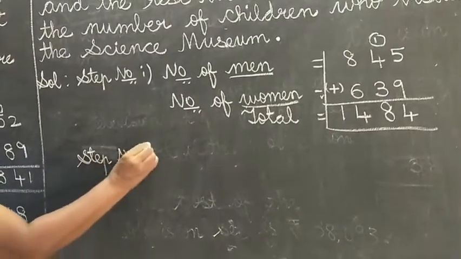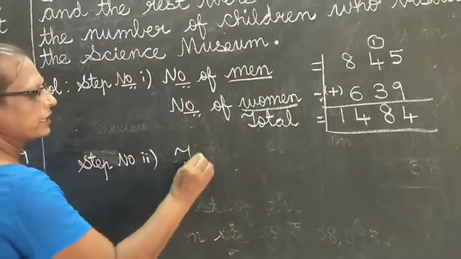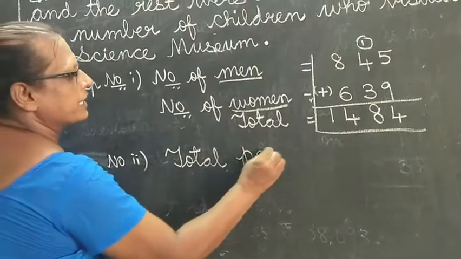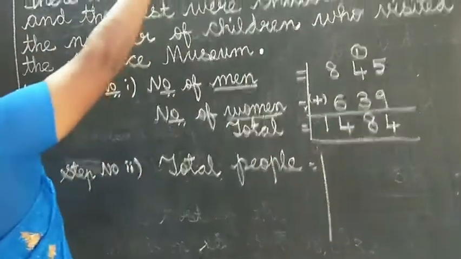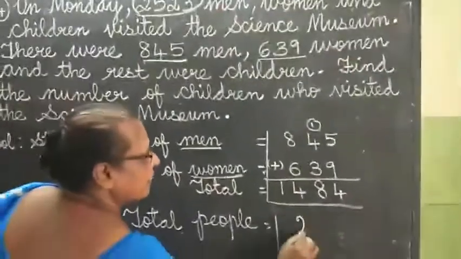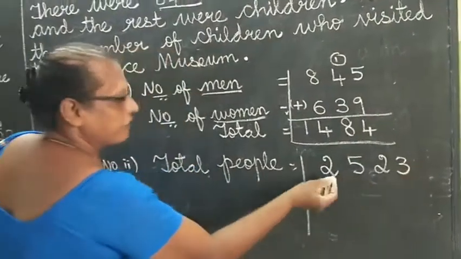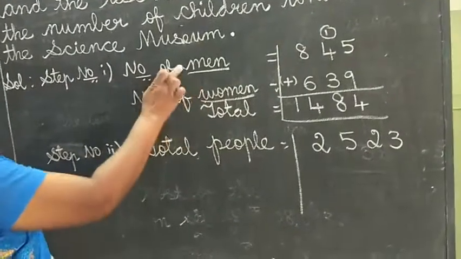Step number 2. So total people, how much, children? Can you have any guess? 2523. And from this total, what you have to do? We are going to subtract the total men and women.